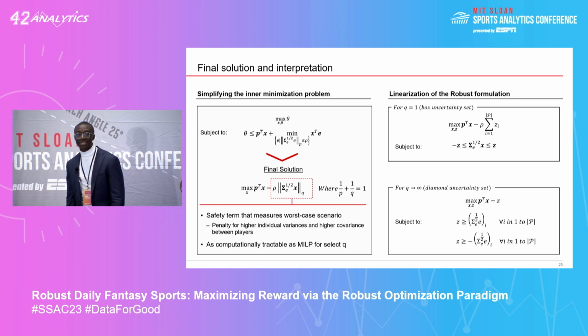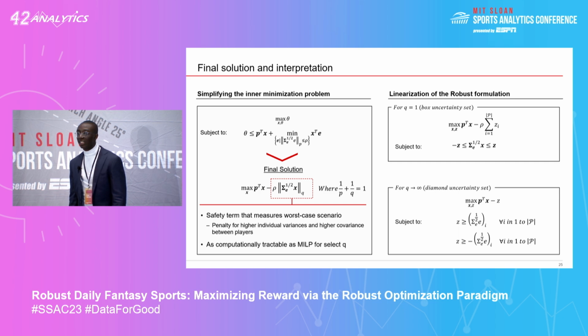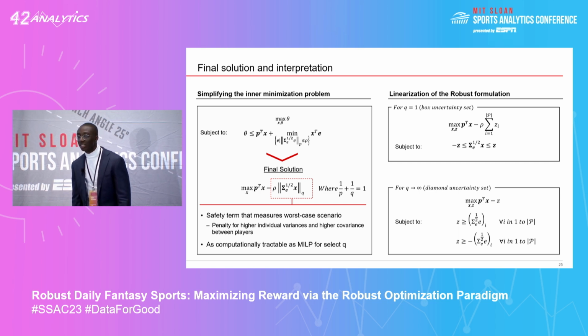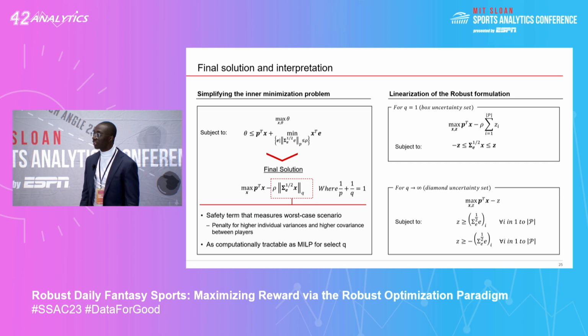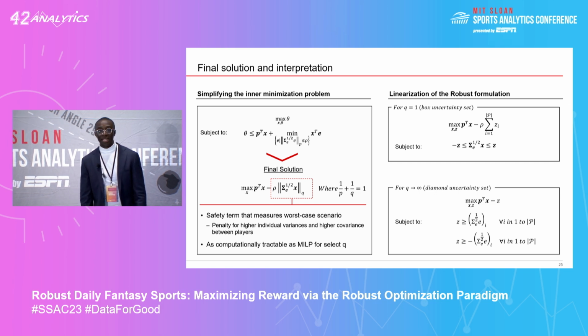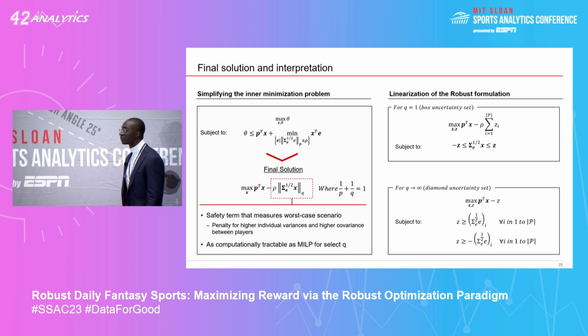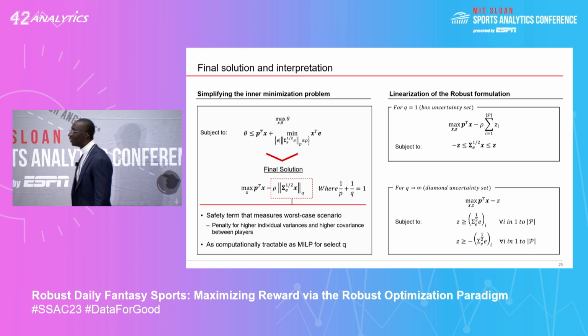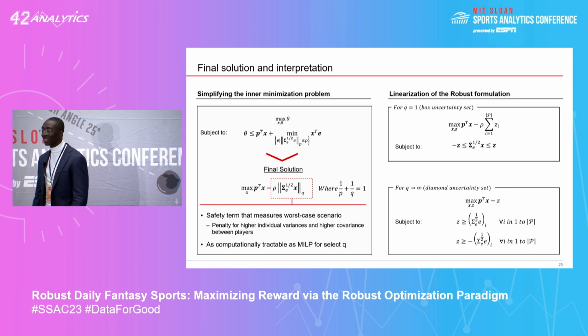And that penalty scales with the variance of the lineup. So if I include players that have higher individual variances on their errors, the worse the penalty. If I include pairs of players with higher covariances, the worse the penalty. So the equation makes sense, which is great.